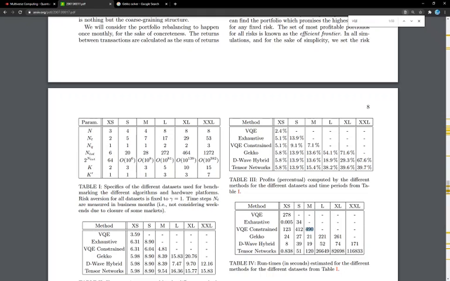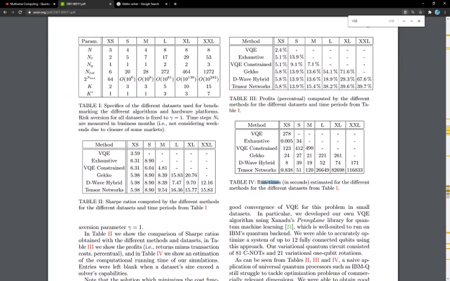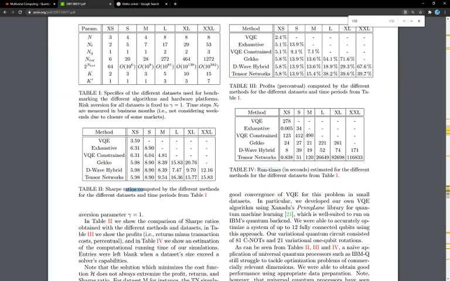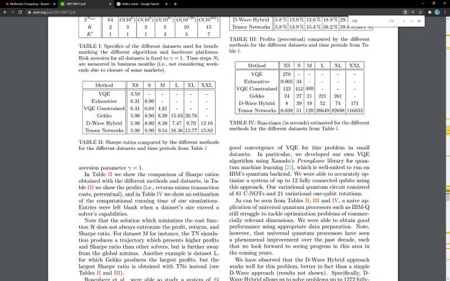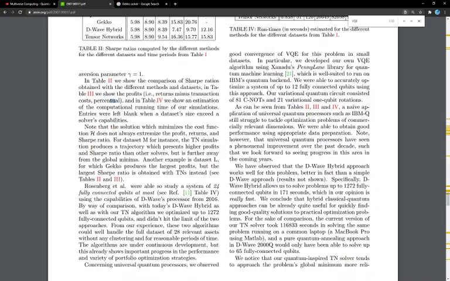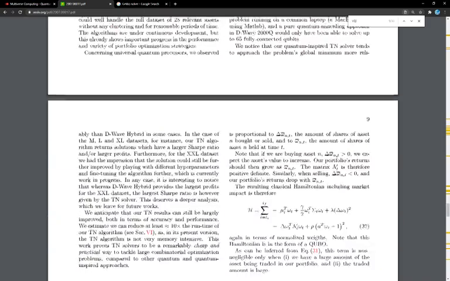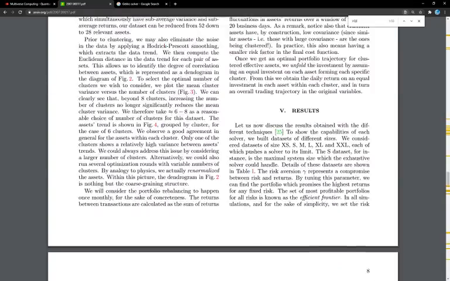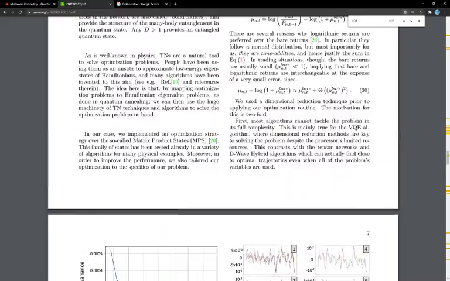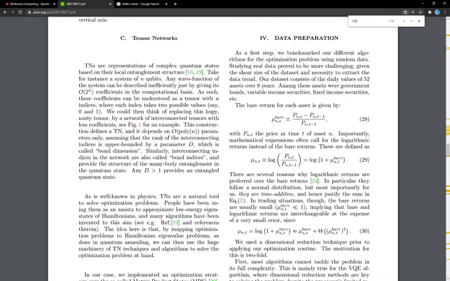But the runtime, this is runtime and this is the Sharpe ratios, right? Table 2. Okay, that's the stuff in here. That's all they say, but there are no real hints into how they've actually done this.